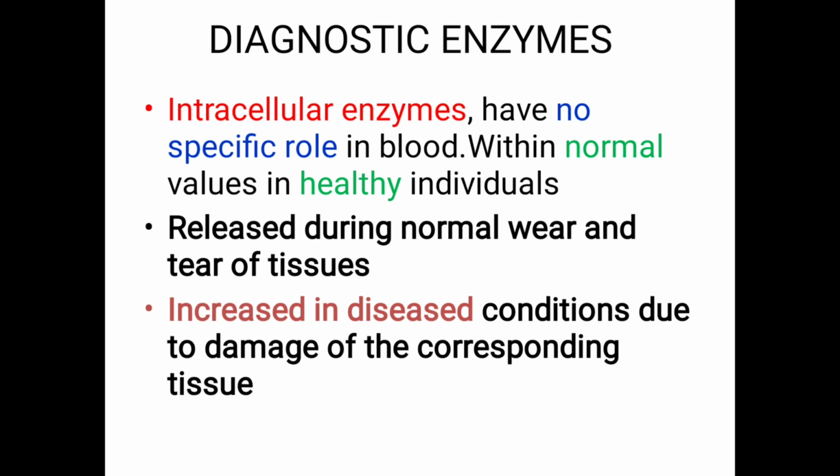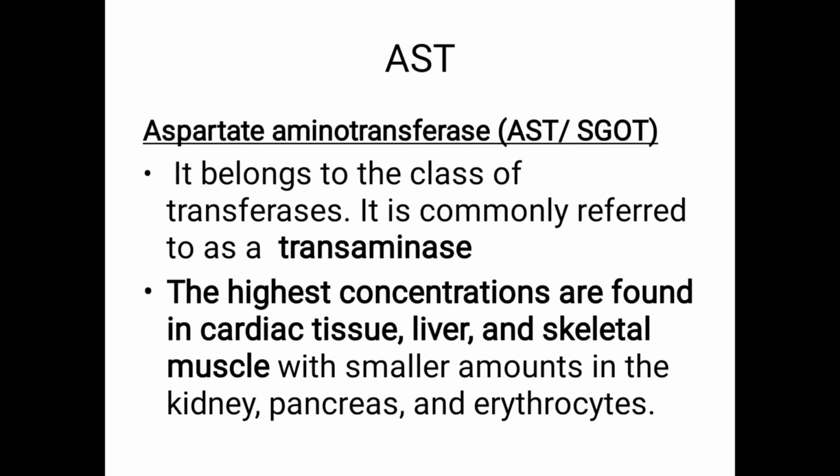Otherwise they are present in normal limits in the blood. But if there is any damage to the tissues or a diseased condition, the levels of these diagnostic enzymes rise up. That is the meaning.